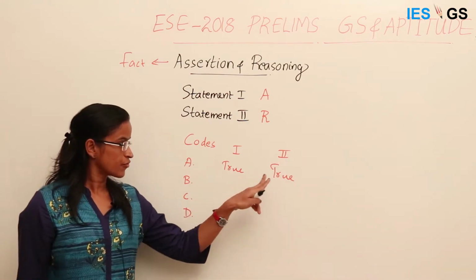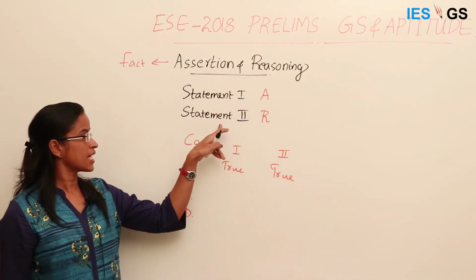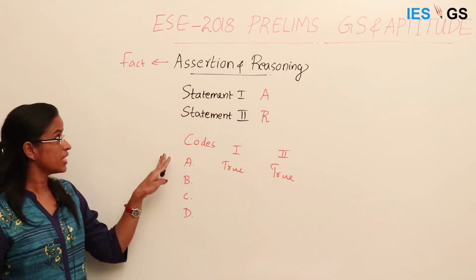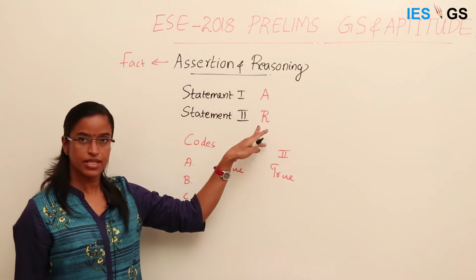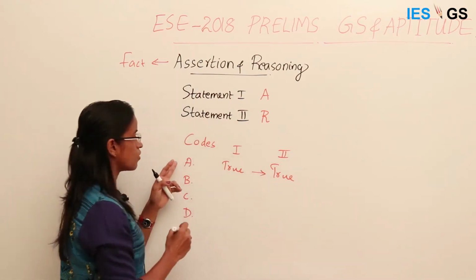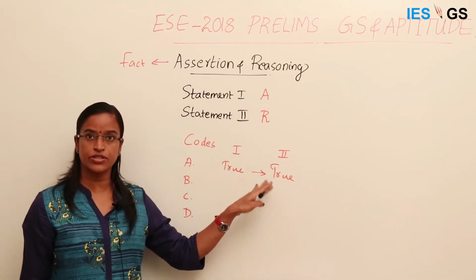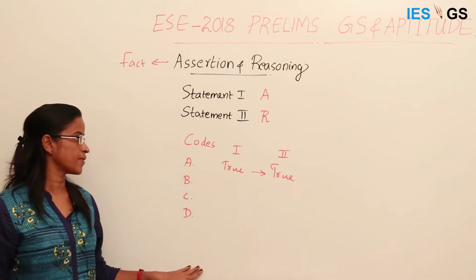If both of them are true, then you have to check whether the second statement explains the first statement, whether this assertion is reasoned by the statement. If it is so, we have to select option A. Option A means statement first and second are individually true and second forms the reason for the first statement.